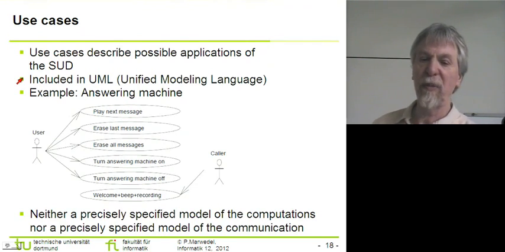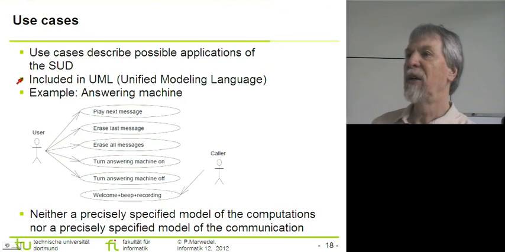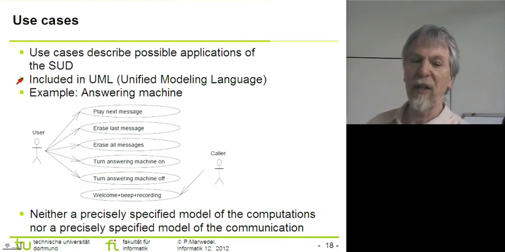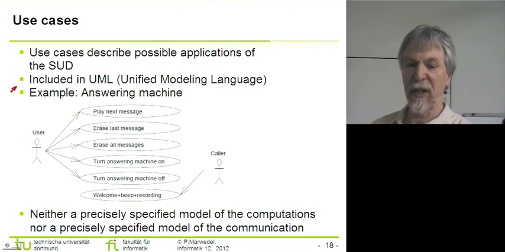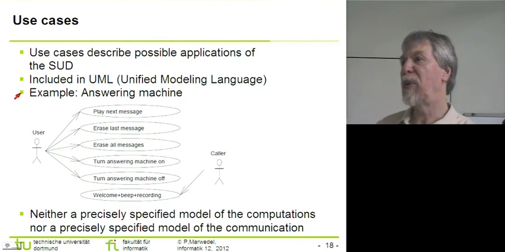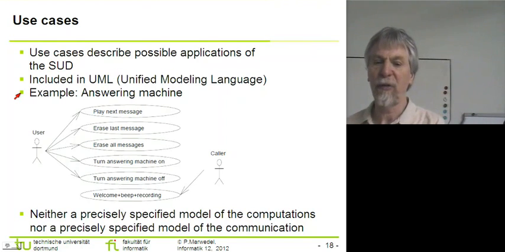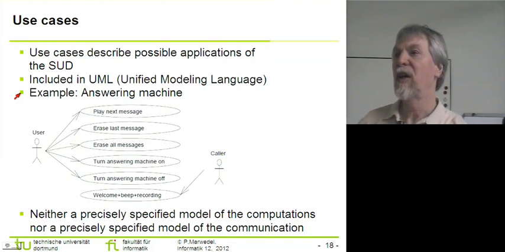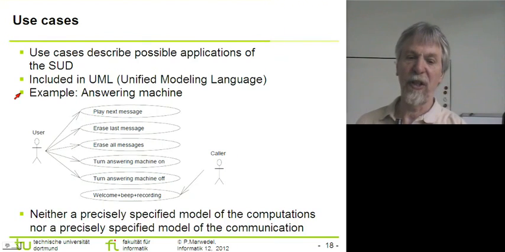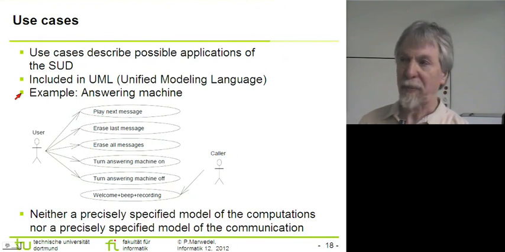Therefore, the Unified Modeling Language, or UML, which is designed to support especially these early phases, is including use cases. So as an example, let us look at the graphical representation of the different use cases for an answering machine in UML.